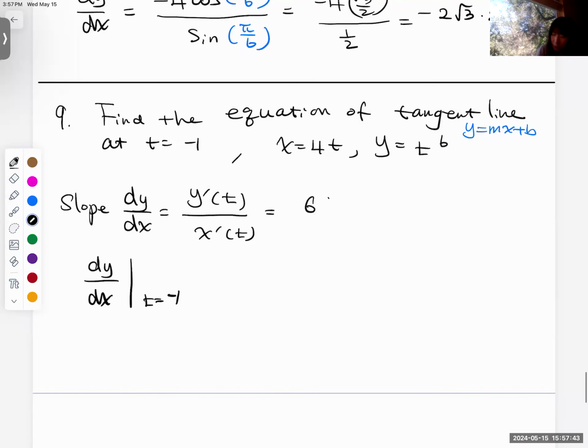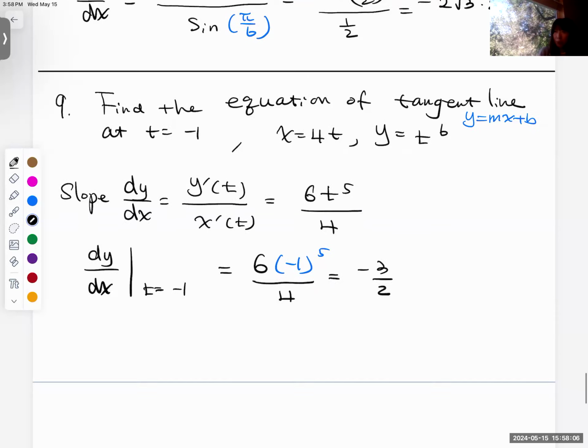So 6t to the fifth power over 4. Excellent. So when t equal to -1, what is the slope? So your turn. Please calculate. Excellent. -3 over 2, right?